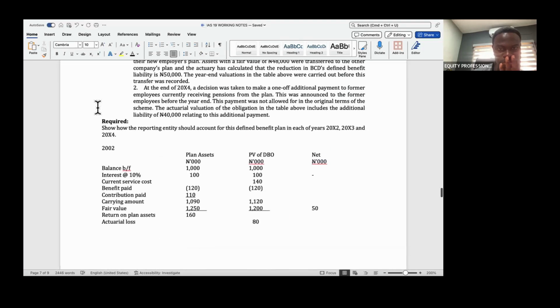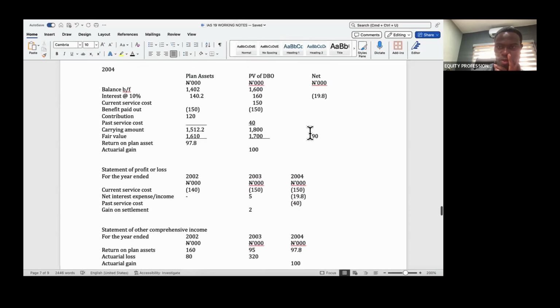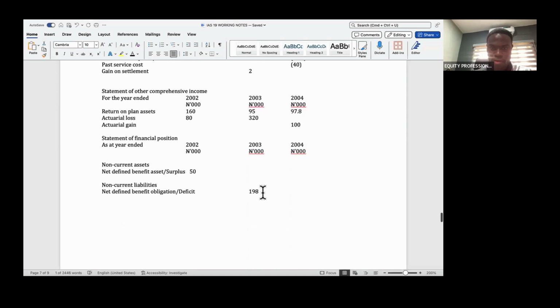And in 20x4, it was also a net defined benefit obligation of 90. So it'll still be here as well. And that is the end of this question. So this question is just practice. It clears out a lot of things for you. It goes a long way to help you because it's 3 years. You get to practice a lot of questions like that.